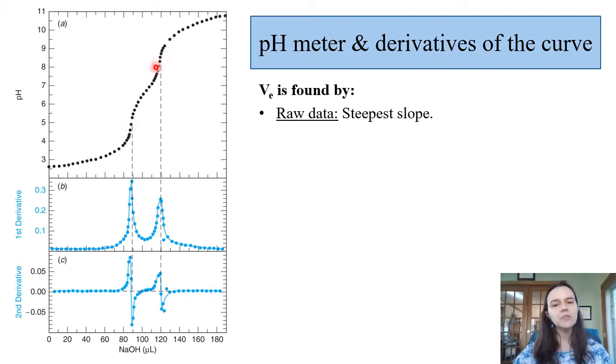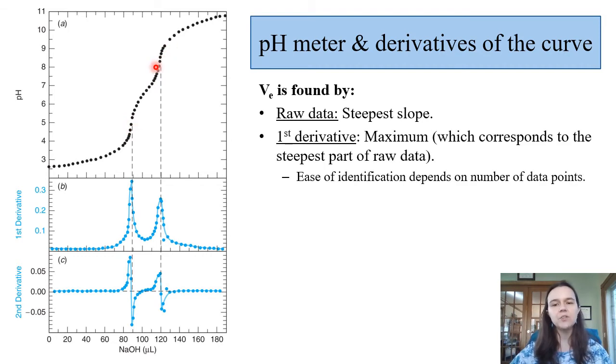However, that location can be a little bit tough to find, and so you can take a derivative, the first derivative, which is the change in pH versus the volume, and the maximum locations here and here on your first derivative plot, those correspond to the steepest locations in the raw data. It's easier to identify the equivalence point if you have readings very often versus if your readings are spaced out.